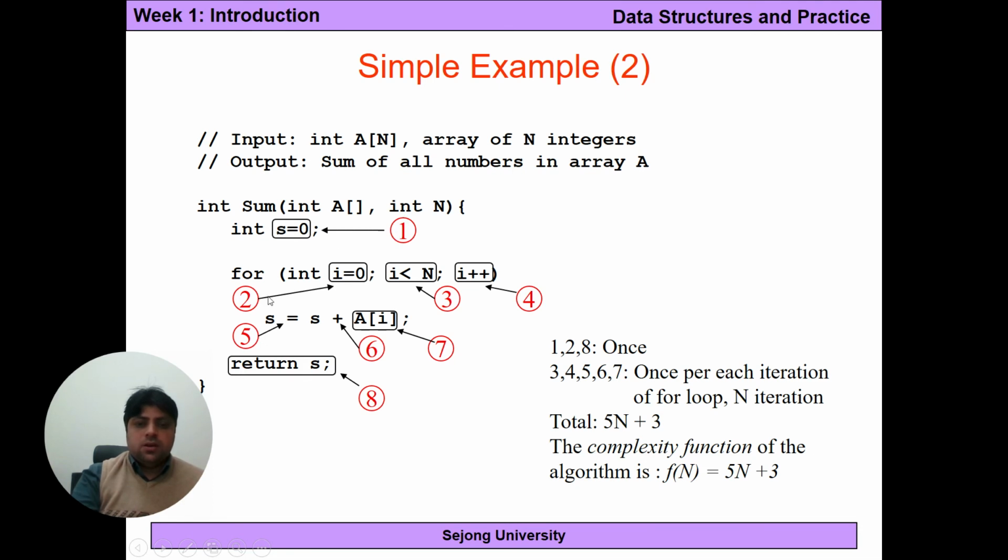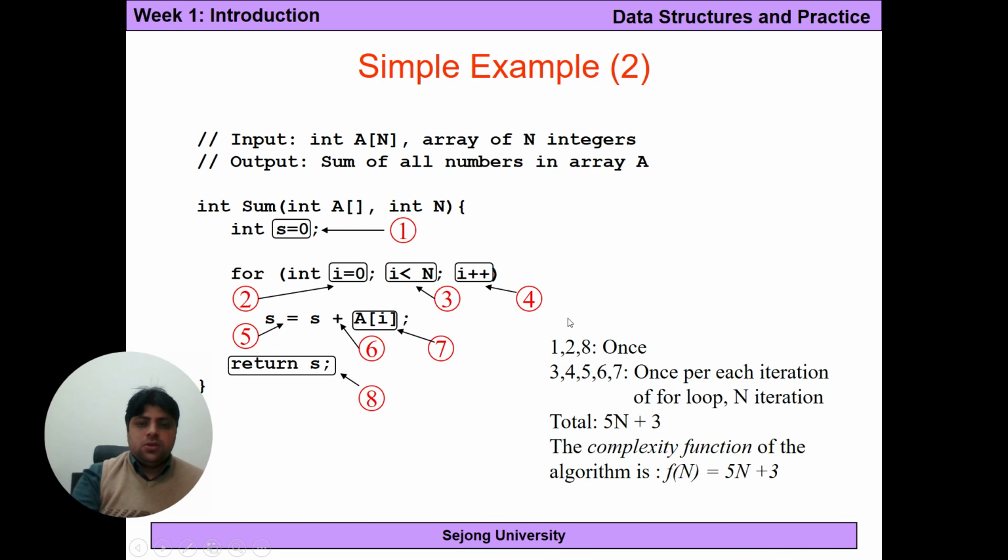Then initializing the value of i within the for loop would also execute one time, and the return statement would also execute one time during this complete program.